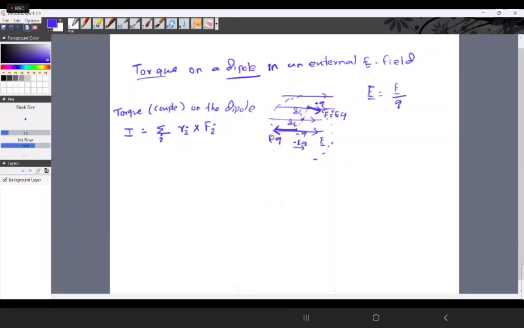If we have a system with more than one dipole, then we need the summation over all these dipoles. After this, write down: taking moment about the center, about the center point. We know here, say this is O, the center point, between the charges.